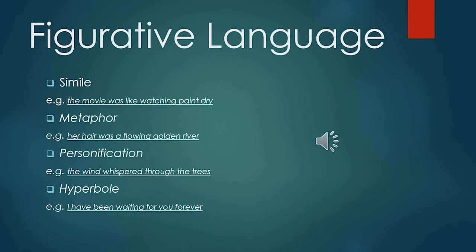So, as you can see, I have 4 bullet points. I have simile, metaphor, personification, and hyperbole. Now, let's look at each one individually and see what they are. So, what is a simile? A simile is when you are comparing 2 things, whatever they may be, using generally the words like or as.